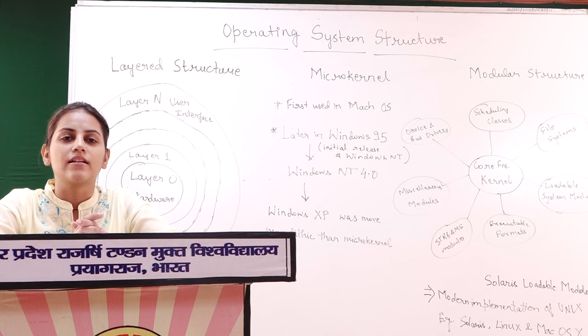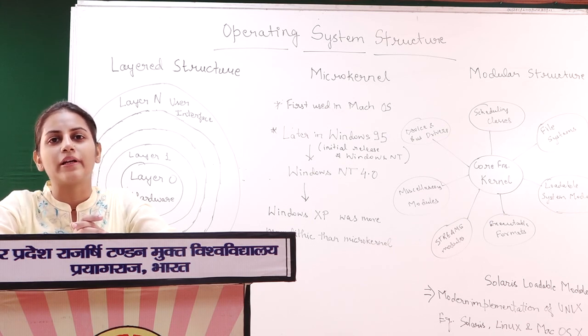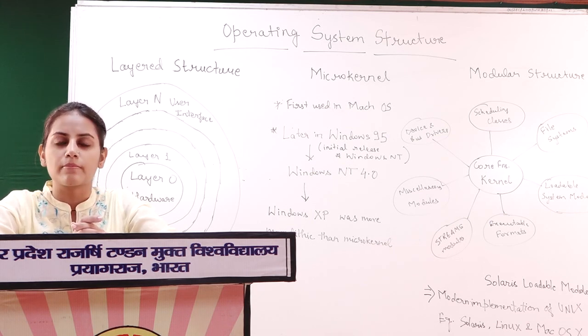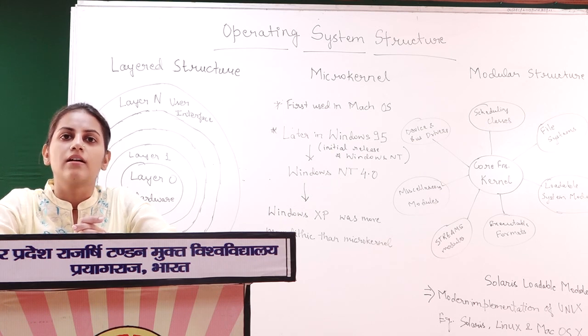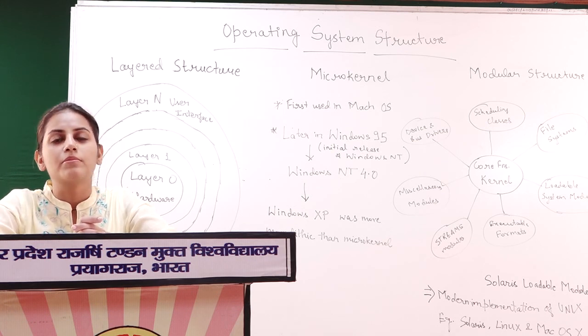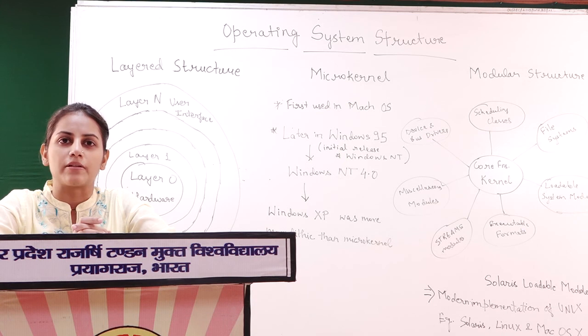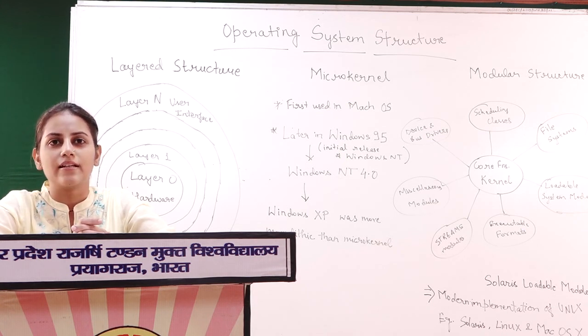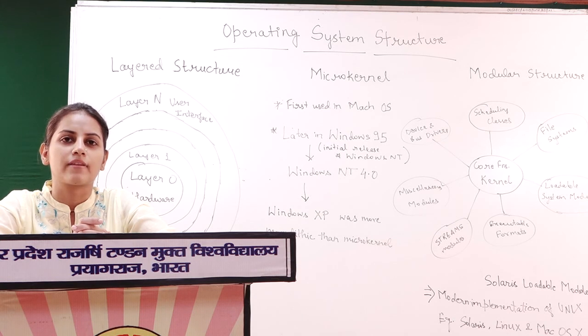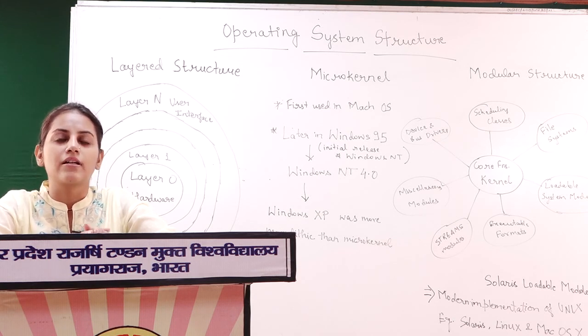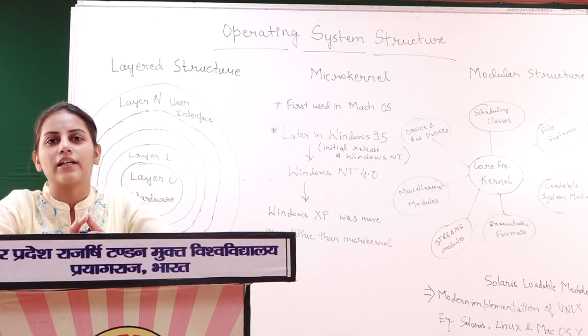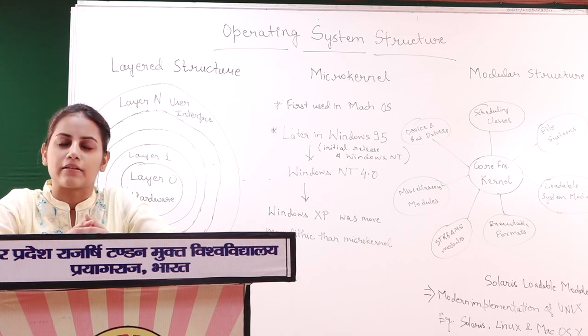We have seen the simple structure of the operating system just before. We also saw the problems associated with such a structure. First of all, the hardware was not protected from user applications. Also, the interfaces between different functionalities of the operating system were not very clear.